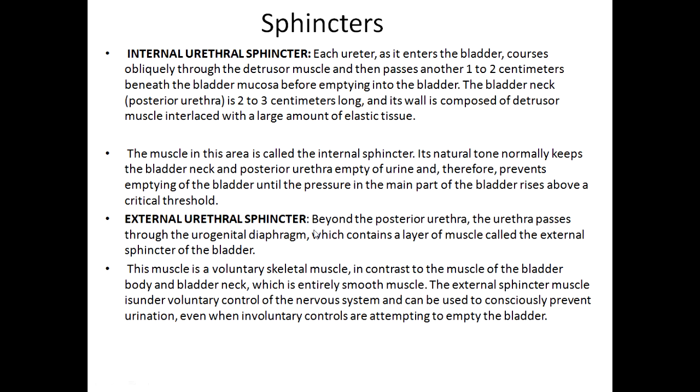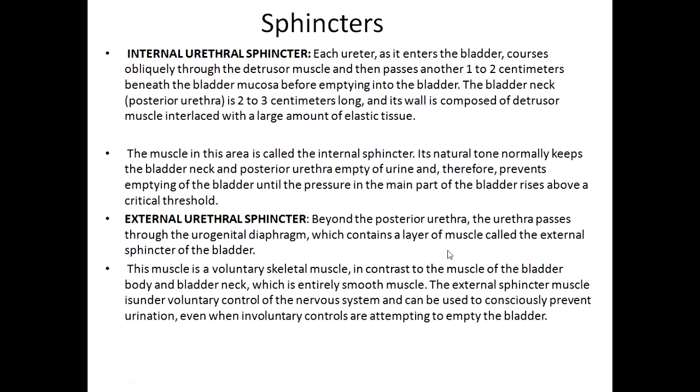Then where is the external urethral sphincter? Beyond the posterior urethra, the urethra passes through the urogenital diaphragm, which contains a layer of muscle called the external sphincter of the bladder. See, from the neck of the urinary bladder where the trigone ends, there we get this internal urethral sphincter.